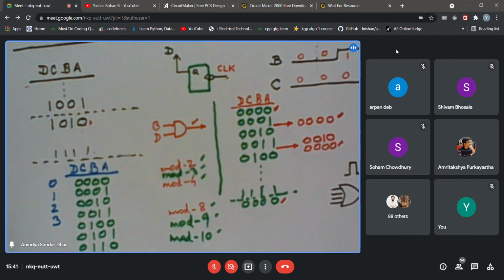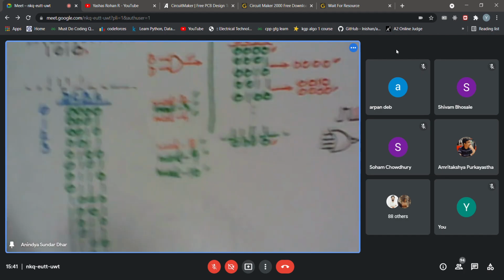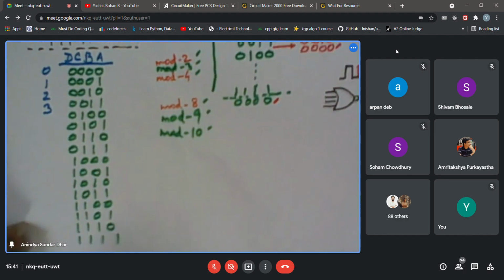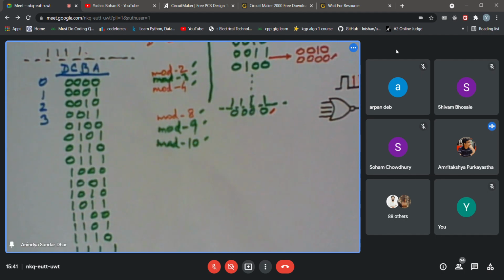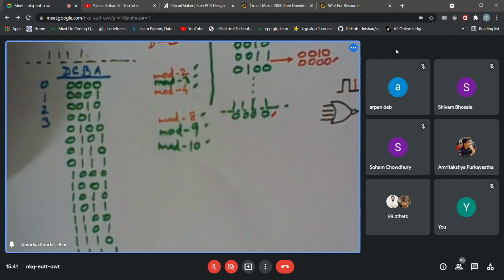I think this is not visible. Let me put it here. 5 and 6 we can do. We ignore D. Mod 5 and 6 you can do.